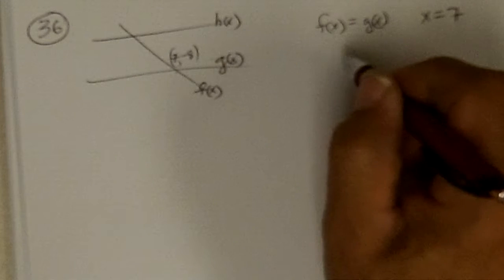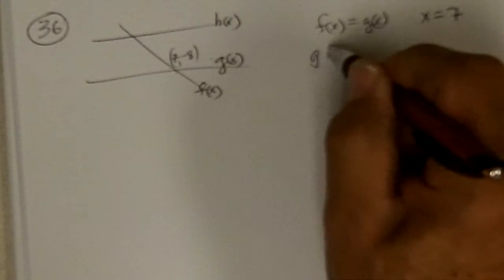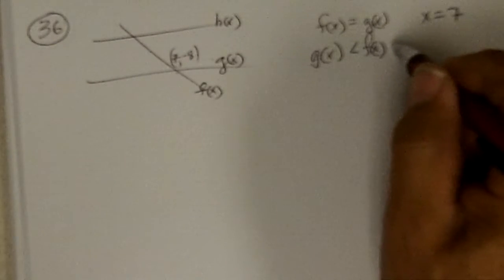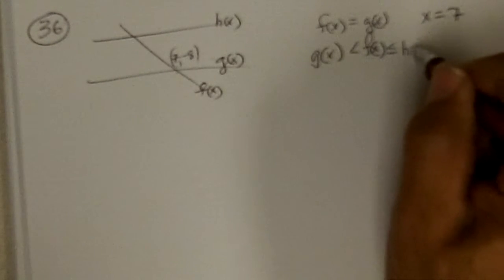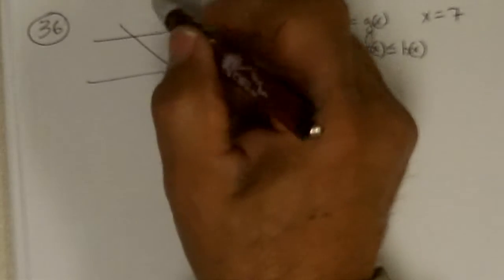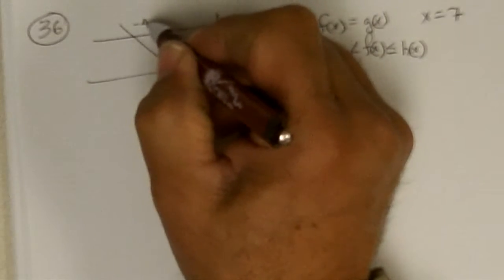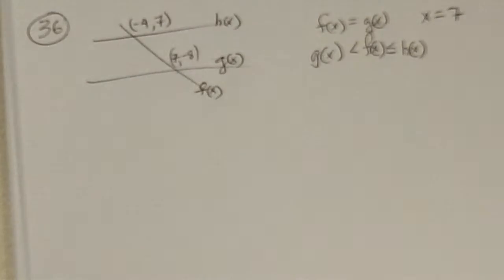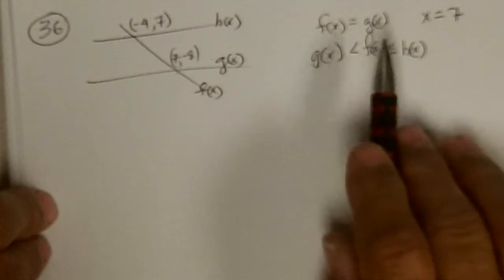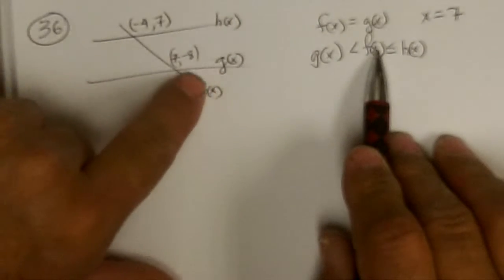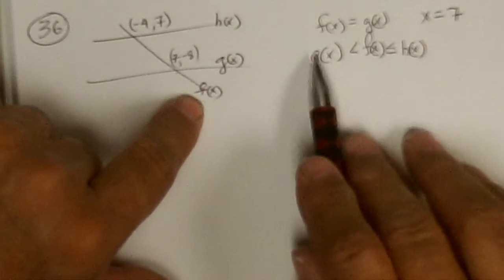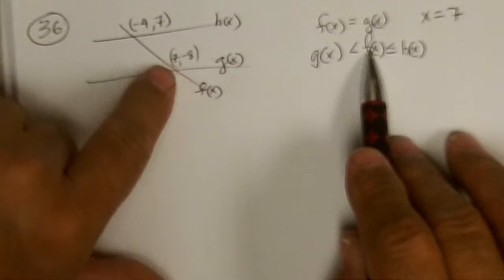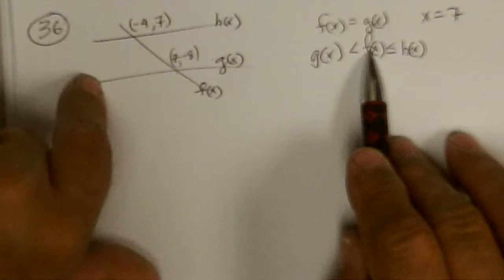Then the next one, when is g of x smaller than f of x smaller than or equal to h of x? And this point here, just for your information, was -4, 7. So when is g below f? Well, g is above f here. The y values of g are less than f for all of these.